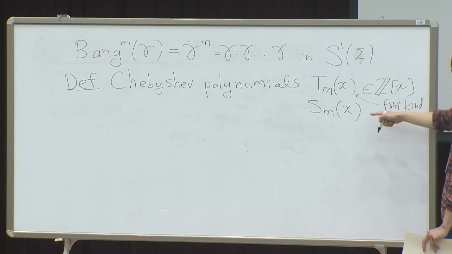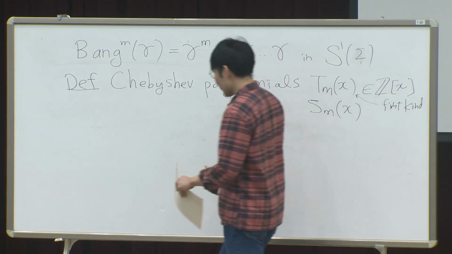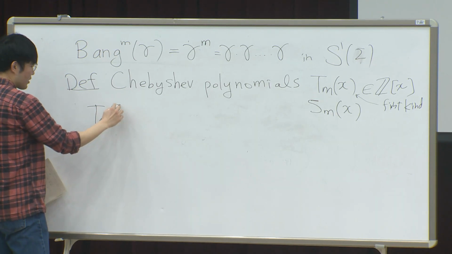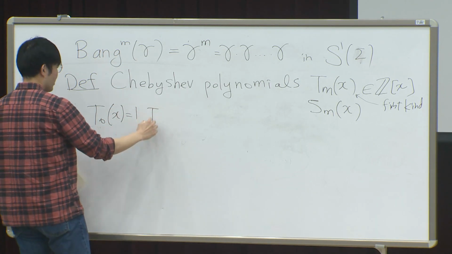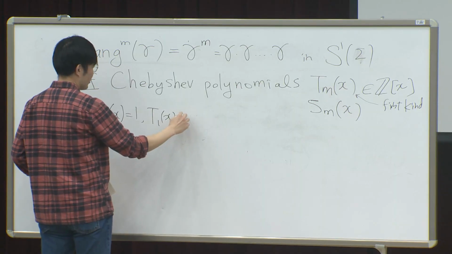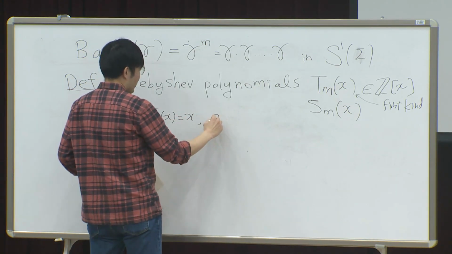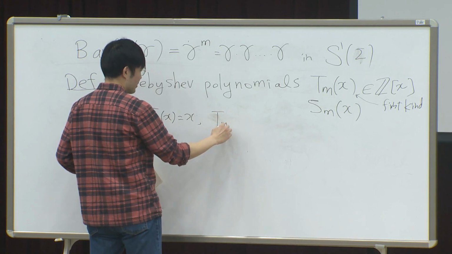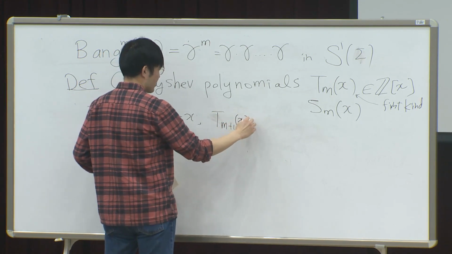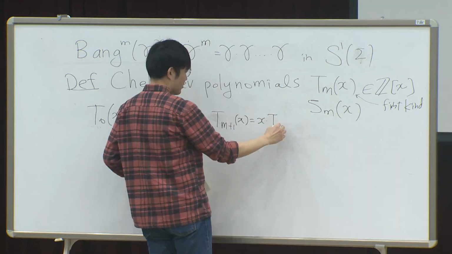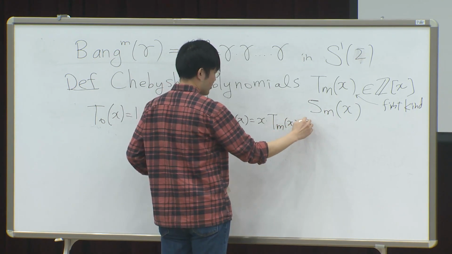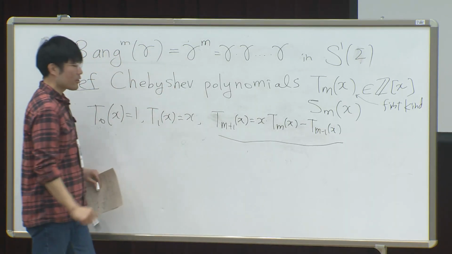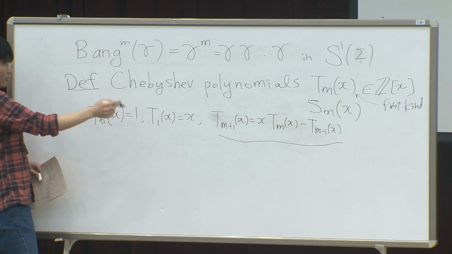The second is called the second kind. And they're defined by the following recursive relations. T0 is 1. T1 is the identity function. And then the recursive relation is that the next one is x times the previous one minus the one before that. So that's the defining recursive relation. And you can go on.